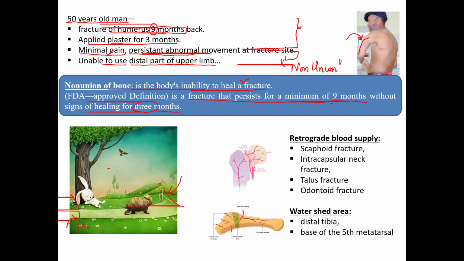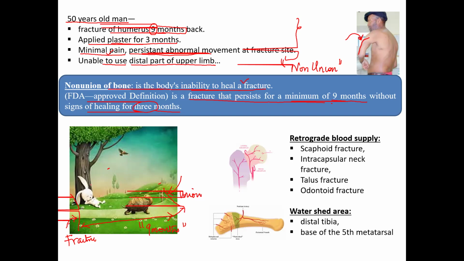The distance between these two points is 9 months. Whether you go fast or slow, you should reach the end destination, that is union of the fracture, by the end of 9 months.